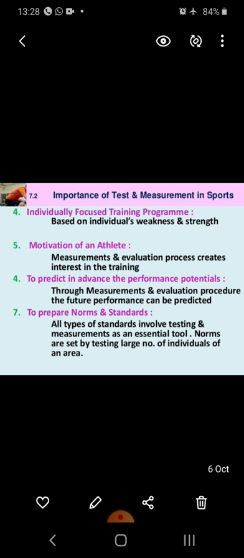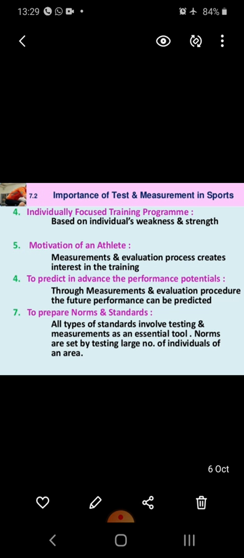Next is to prepare norms and standards. Suppose we are taking a running test of class 10th, and we have come to the conclusion that most students completed a 20-minute run without stopping.